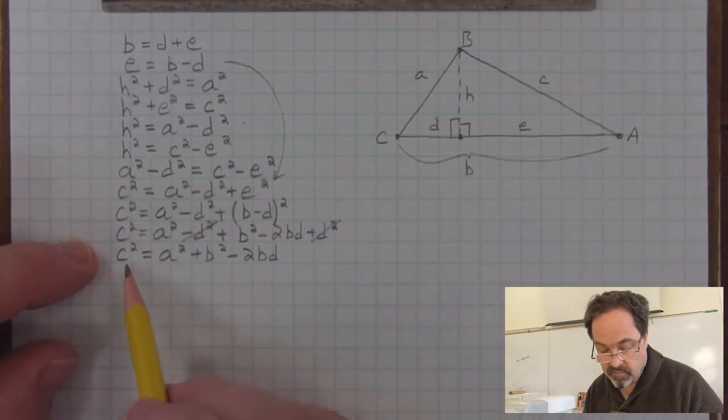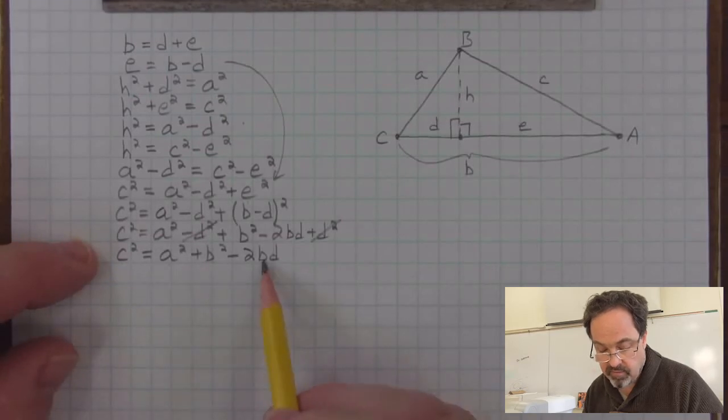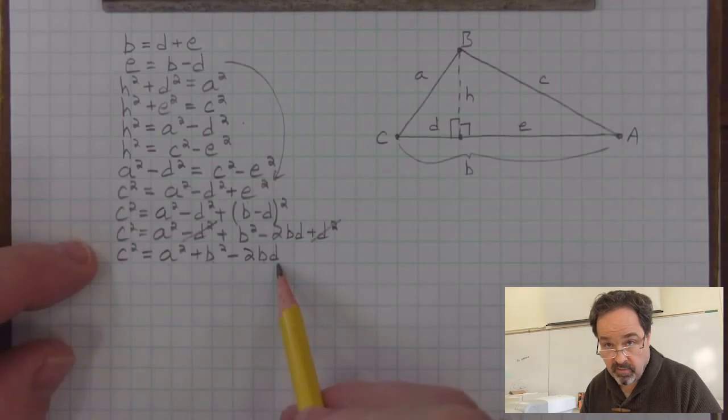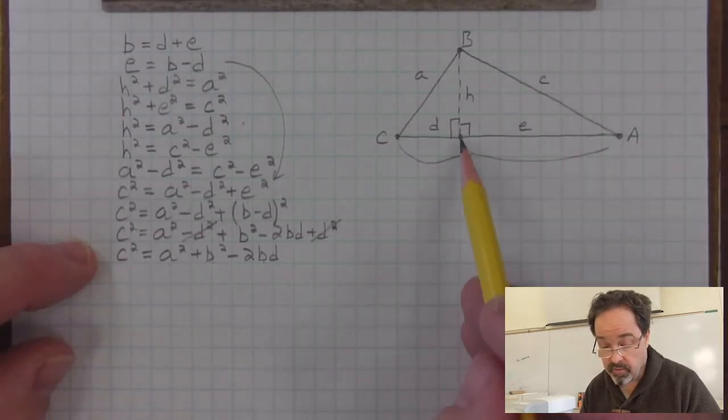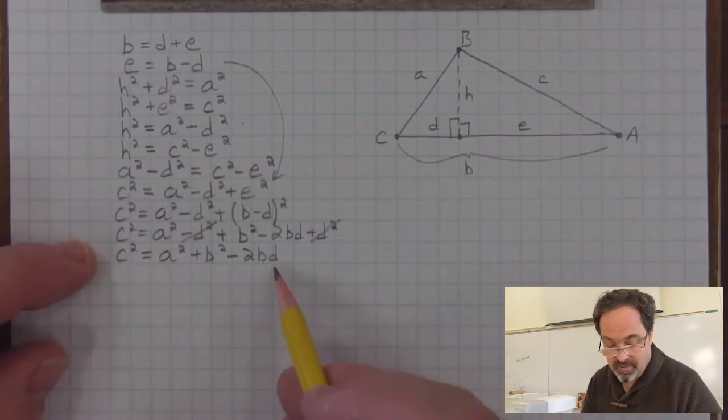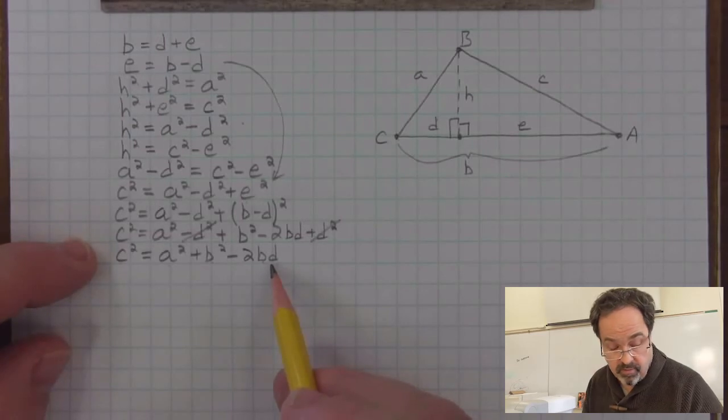It contains sides C, A, and B is represented a second time, but it also contains D, and D is only a part of one side of the triangle. It would be helpful to eliminate D if I can.